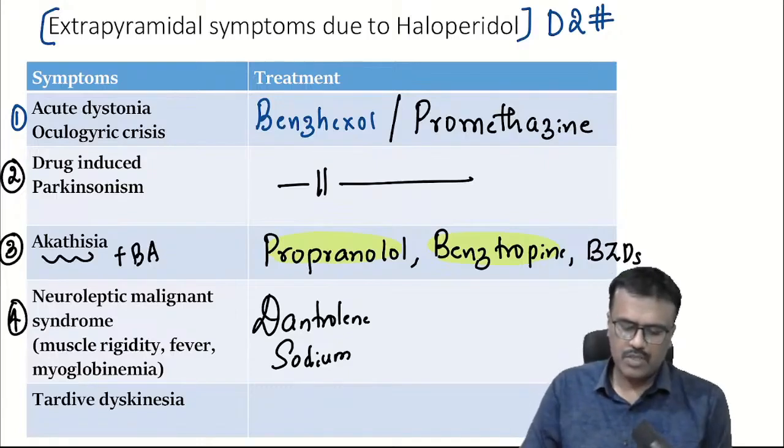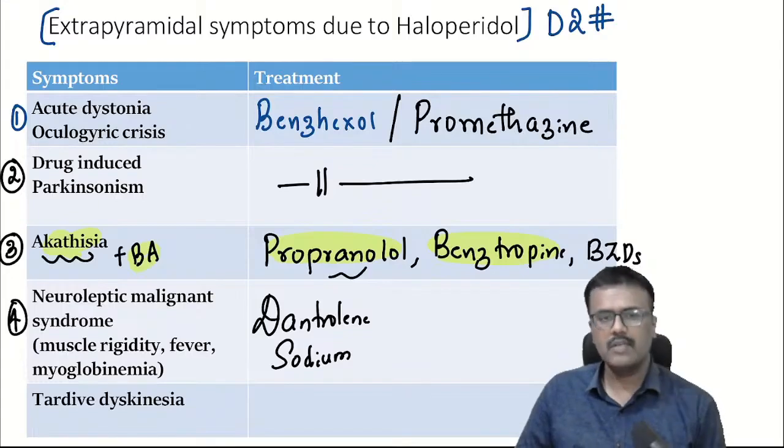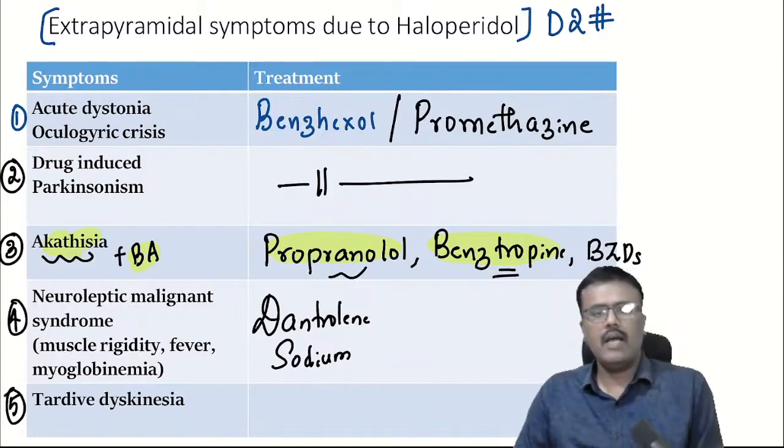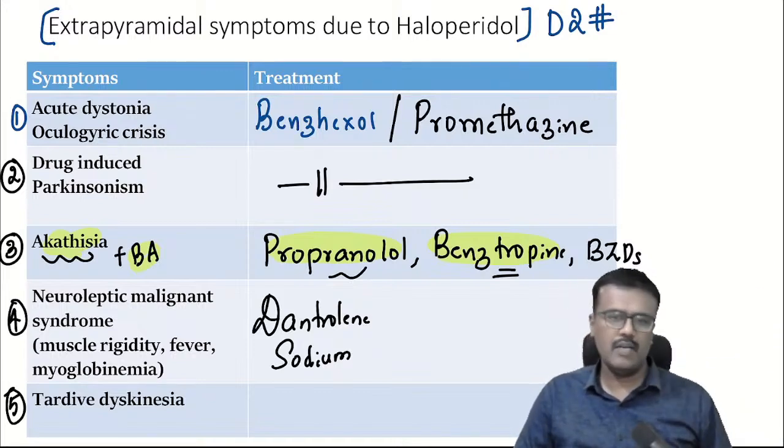So I was asking you a question, akathisia and asthma. Then I cannot use propranolol because it's a non-selective beta blocker, blocks beta 2 and worsens asthma. So in those patients, I will choose benztropine. The last complication that will happen if haloperidol is given for long is tardive dyskinesia, abnormal movements.